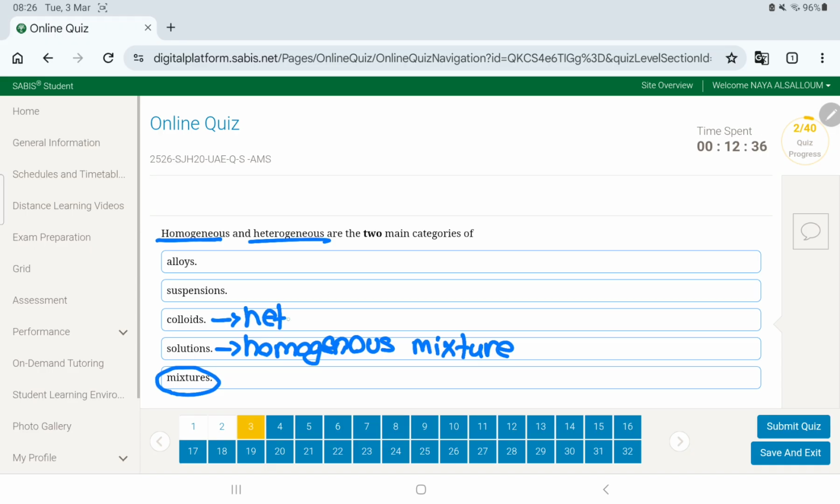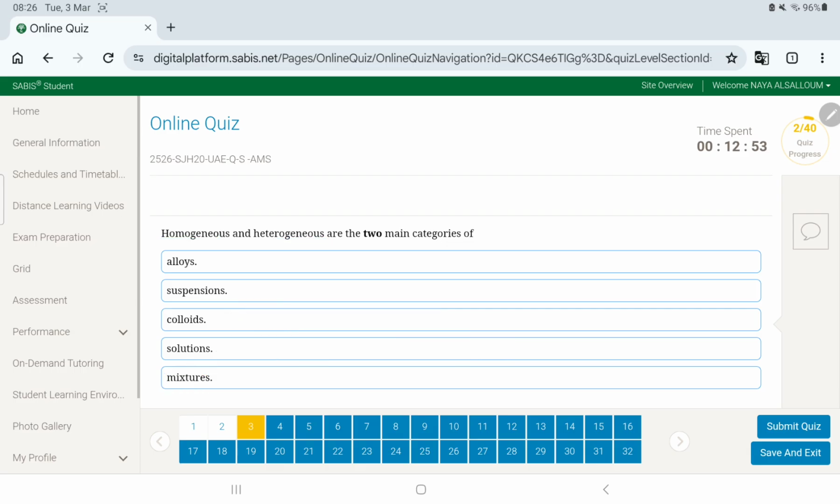We're gonna discuss them more later. Here, basically, solutions and alloys, both of these are homogeneous.